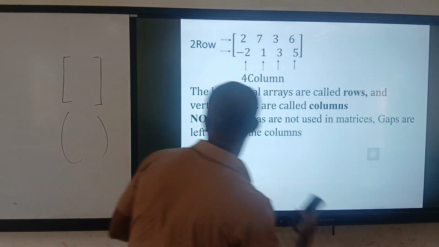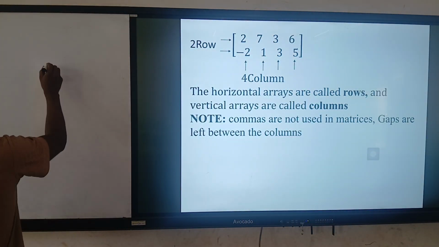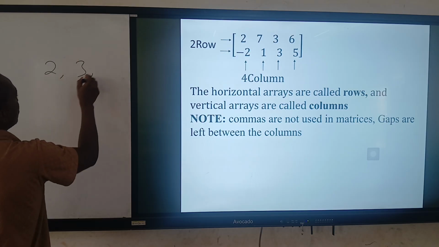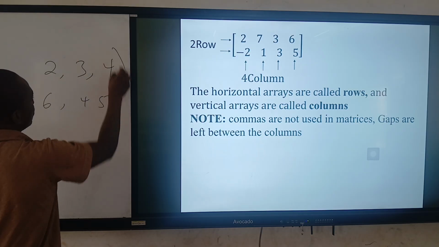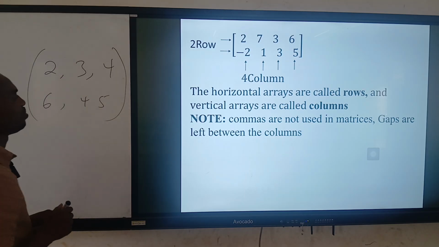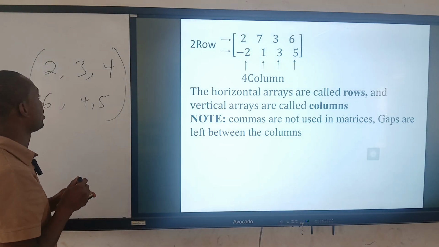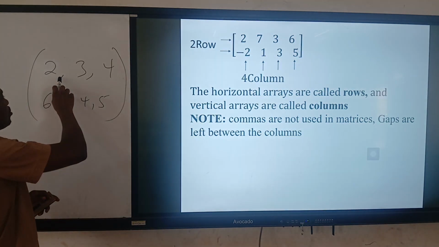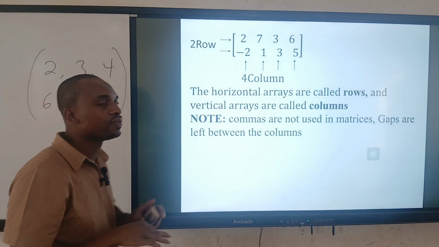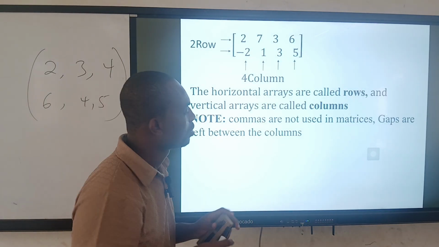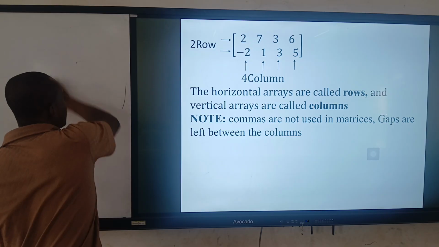Example. So you can't say this is a matrix because of the commas that we have here. For a matrix, we only leave gaps. You have to note that too.